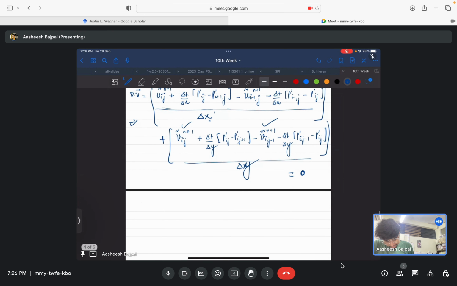So let us write it. u tilde i j at n plus 1 minus u tilde i minus 1 comma j at n plus 1 divided by delta x plus v tilde i j at n plus 1 minus v tilde i j minus 1 at n plus 1 divided by delta y.